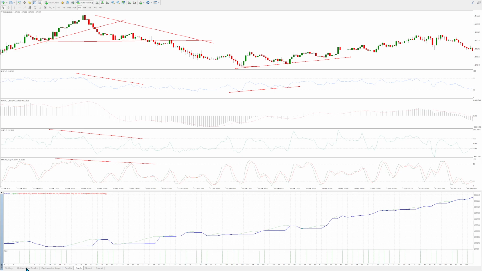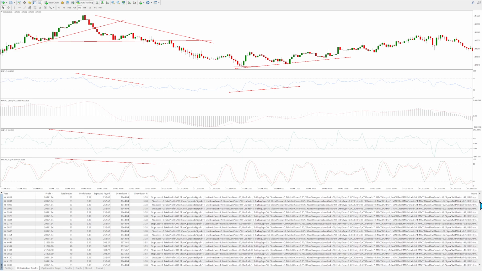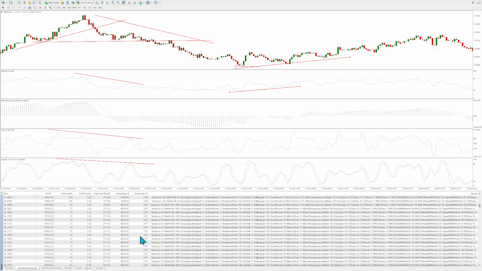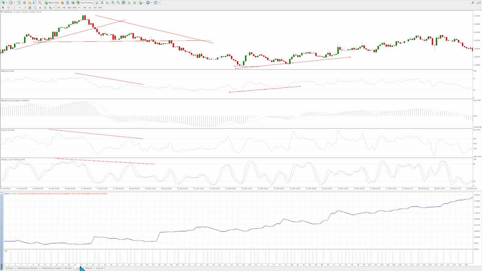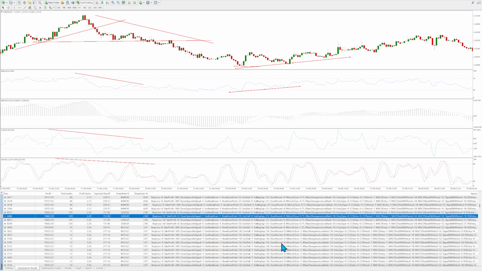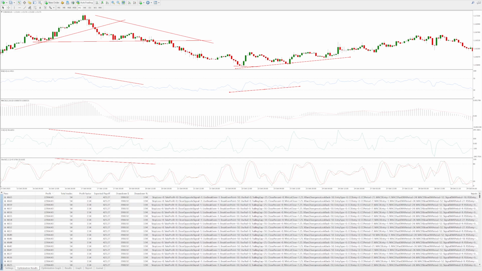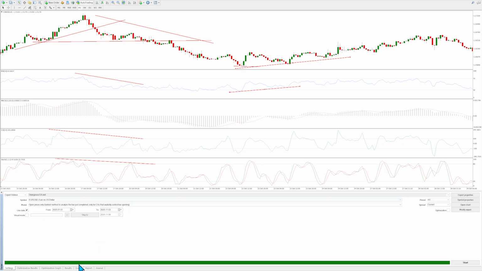But what we've done there is over optimize. You can see we've got lots of good set files to choose from. This one's got a lot more trades. What does that look like? Decent again. What we've done there is over optimize, which is basically find good settings for the particular data set that we're using.